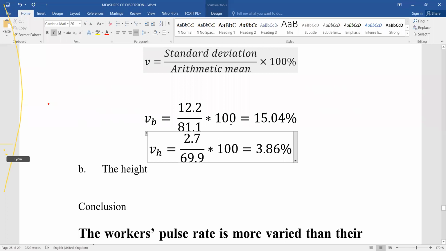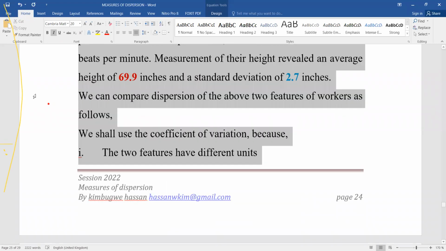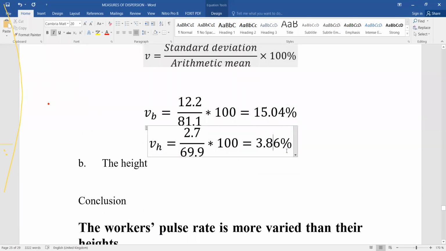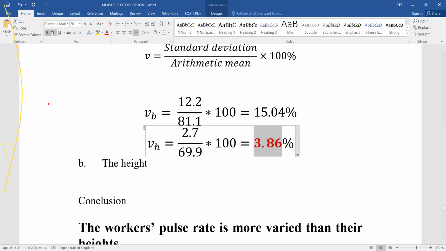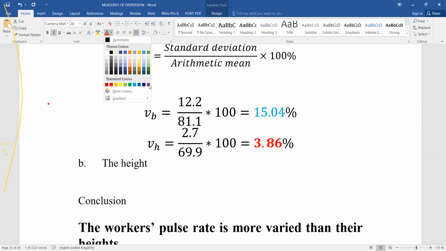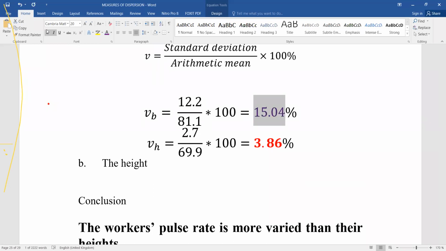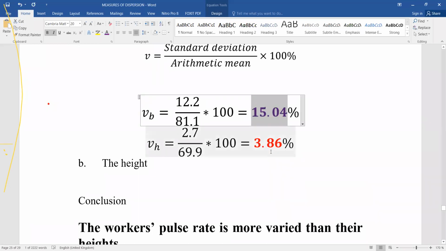3.86. So from this, you can see that this is more homogeneous. The heights are more uniform compared to the pulse rates. It's more uniform. It is less dispersed. It is more uniform because it's smaller.